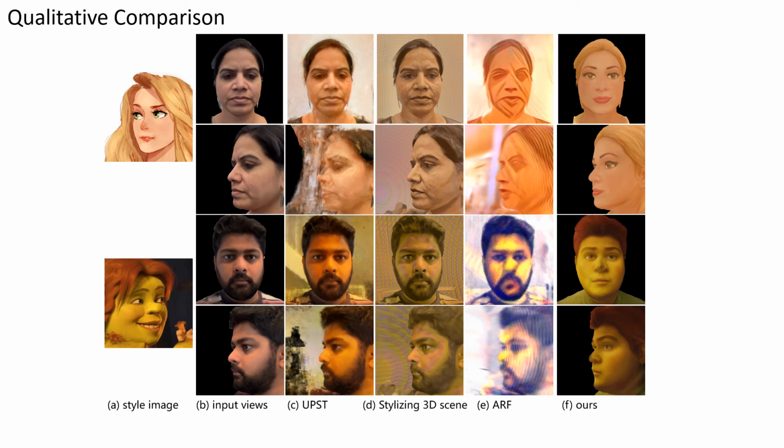We compare our approach to three different approaches in 3D scene style transfer. The compared approaches often only transfer the overall color tone of the style image and fail to capture the semantics of the face, while our approach can transfer the hairstyle, skin, and lip colors pretty well, and also preserve the 3D consistency across different viewpoints.